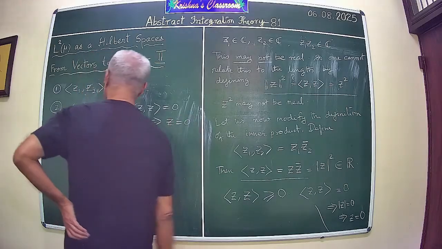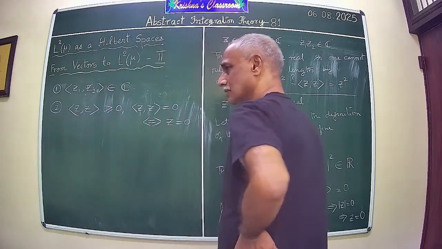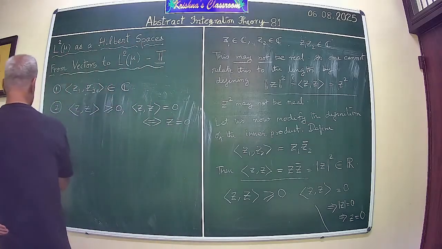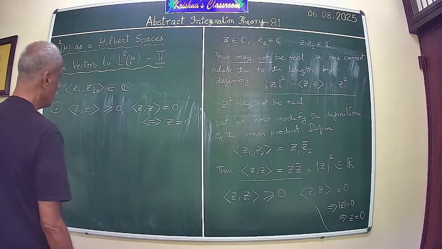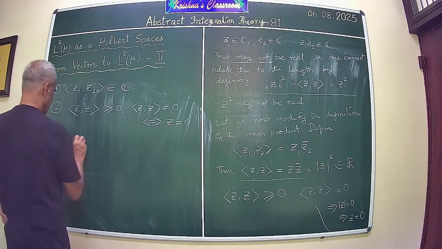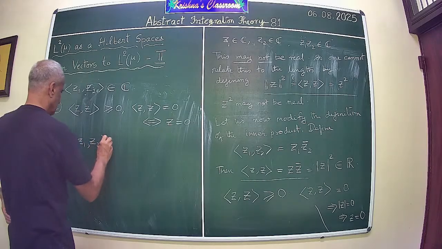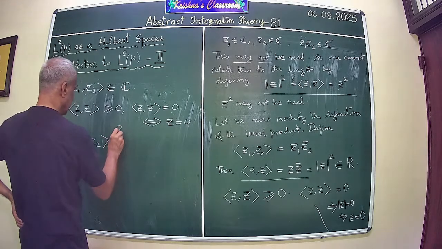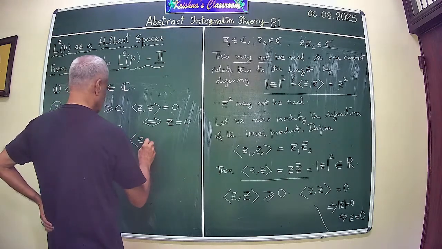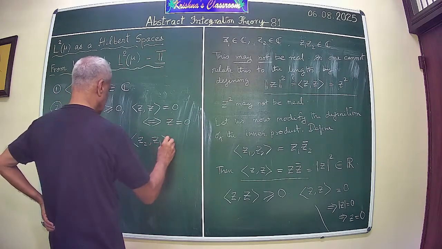So that we have checked. Now the third one that you have to see is the following. What about the symmetry? Is that going to work? Is this equal to Z1?